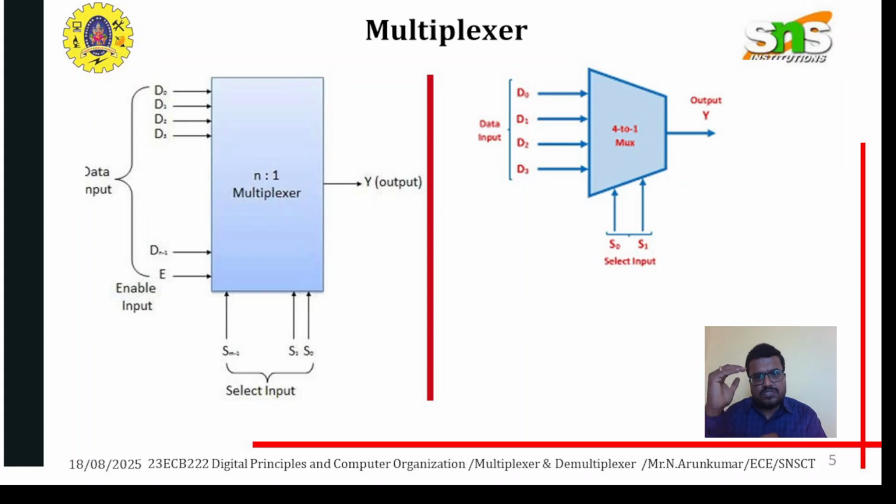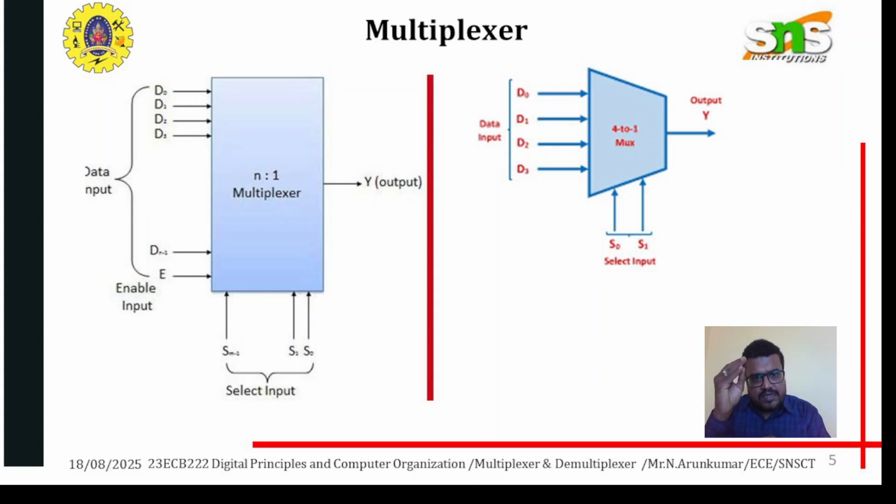So here the multiplexer is based on n is to 1. For example, n equal to 8 means 8 is to 1, so the input is 8 and the output is 1. Here they are taken as four variables, so 4 is to 1. That's why we take D0, D1, D2, D3 as the four input variables.